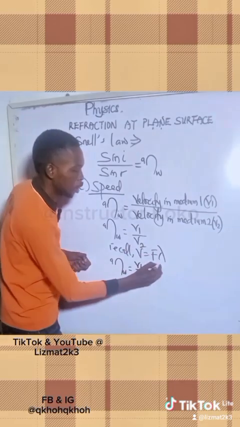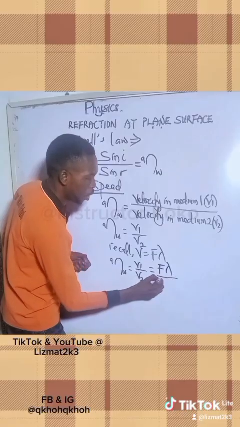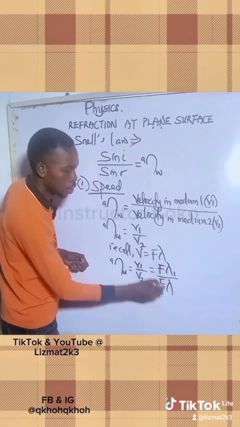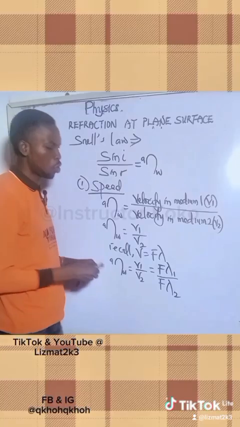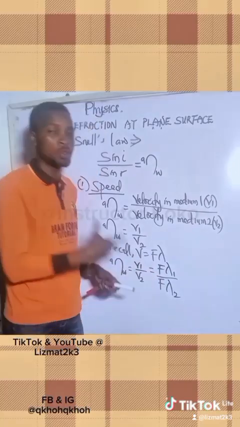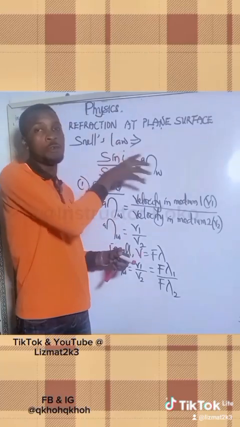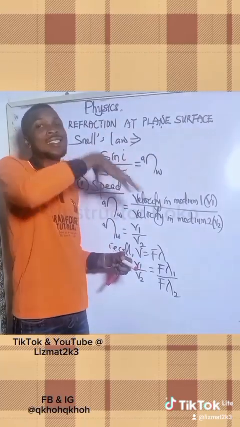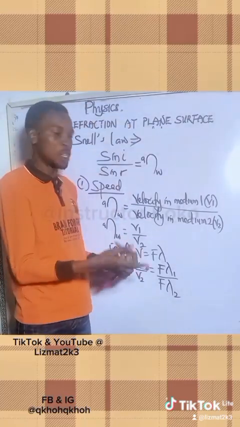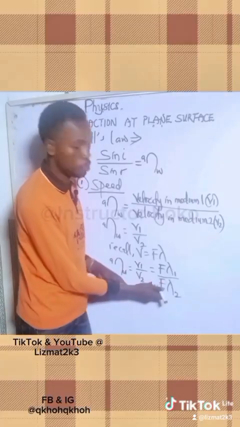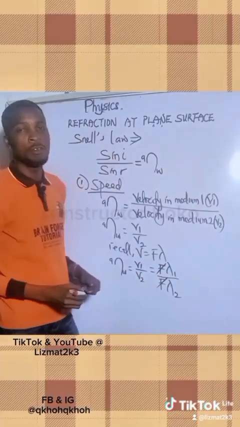Since velocity is frequency times lambda, it becomes frequency lambda over frequency lambda. Now, this wavelength will be lambda one in medium one, and here will be lambda two in medium two. Of course, what happens to the frequency? Don't forget that the frequency of the source of production of the wave is the same everywhere. So the frequency in medium one is equal to the frequency in medium two, and frequency will cancel out frequency.